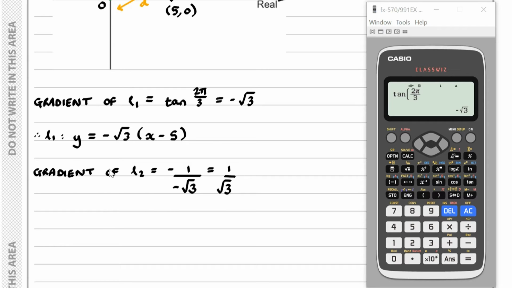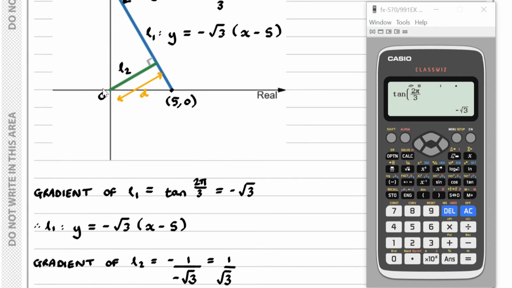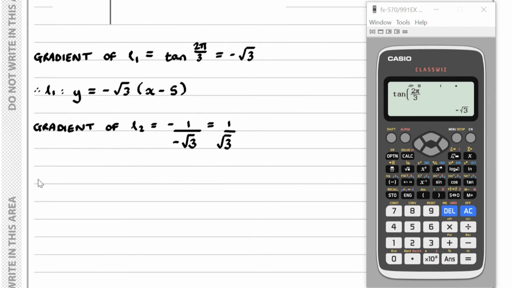And because L2 passes through the origin, we can therefore conclude the equation of line L2 is y equals x over the square root of 3. So let's call this equation 1 and this equation 2.